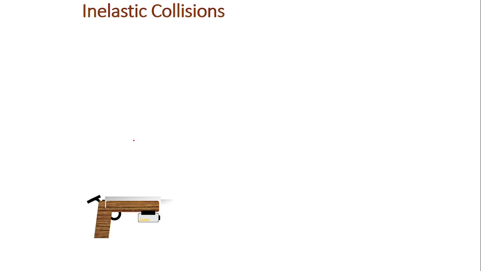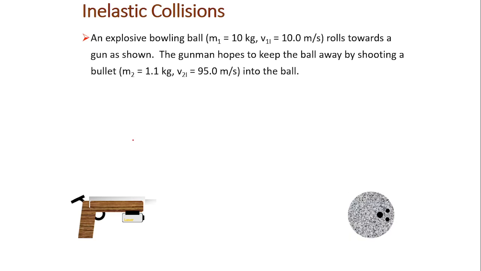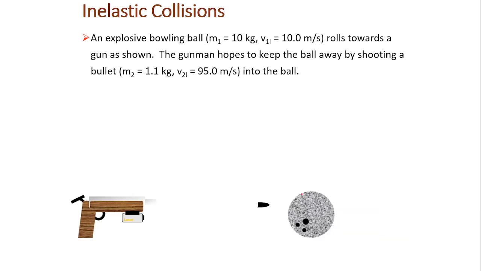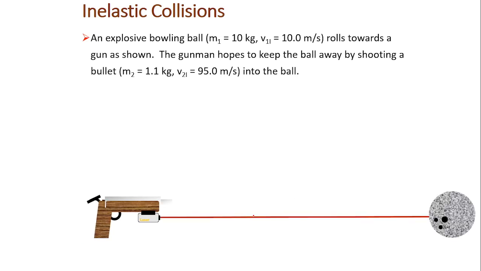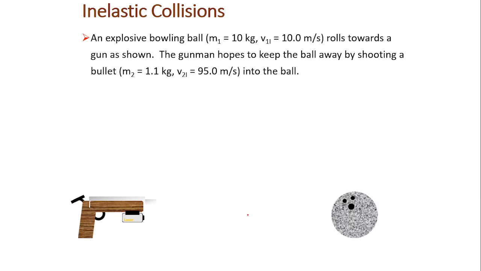In inelastic, let's say you fire that one and the bullet sticks into something, like in this case a bullet has gotten stuck into that ball. In that case, this is an inelastic collision because they have gone together.